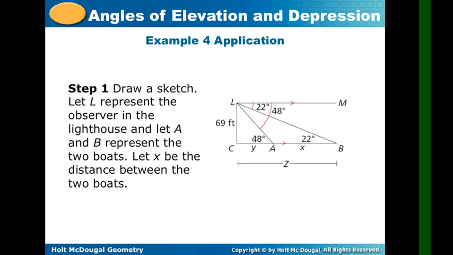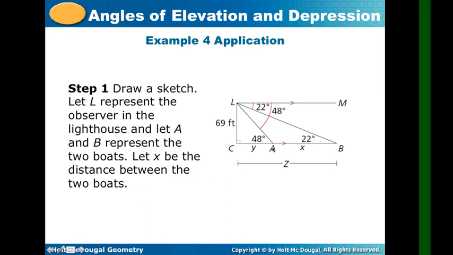So, first, sketch muna natin yung ating figure. Let L represent the observer. Ito si observer. Ito yung kanyang horizontal line. And then, observer in the lighthouse. And let A and B represent the two boats.